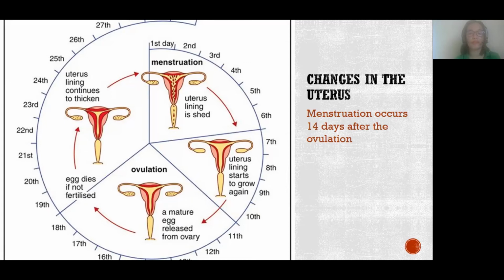But of course, if implantation is not successful, the uterine lining again detaches from the uterus, and then bleeding takes place, and the cycle goes on and on.